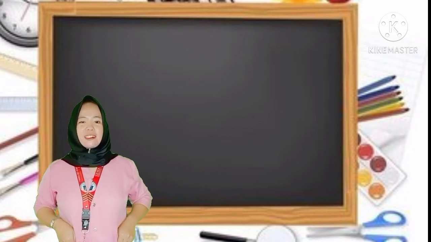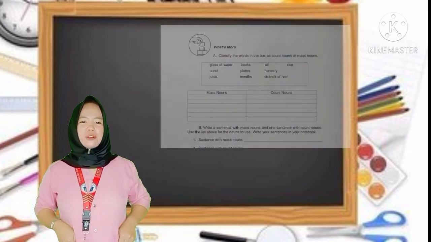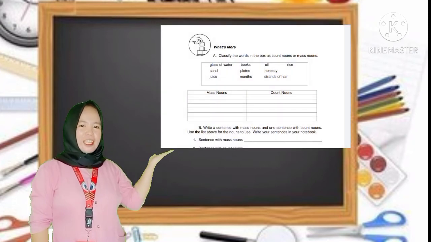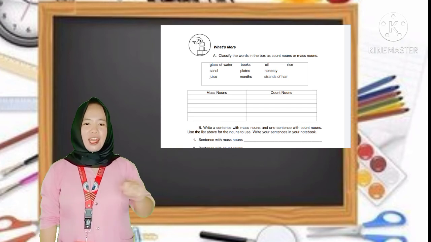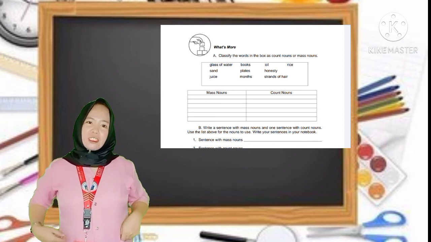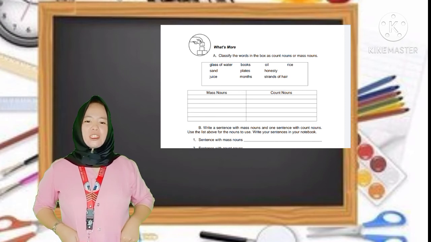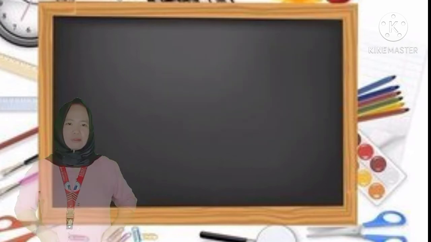For this exercise, all you have to do is classify the words in the box as count nouns or mass nouns and write your answer in your activity notebook. You may start now.